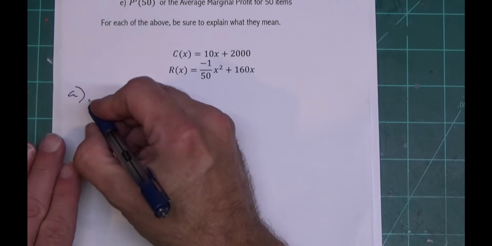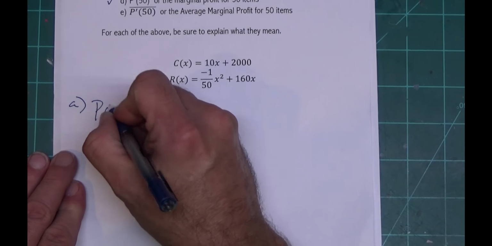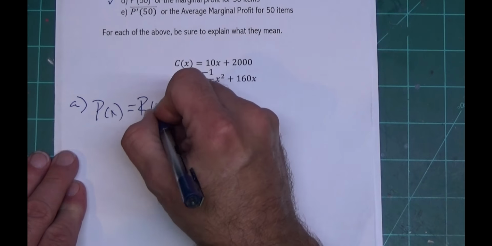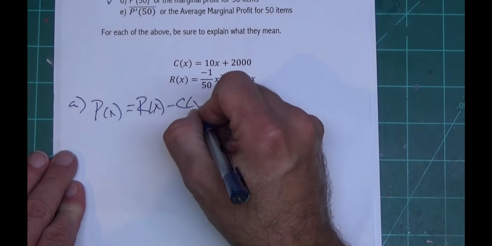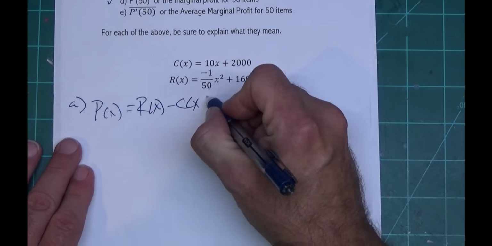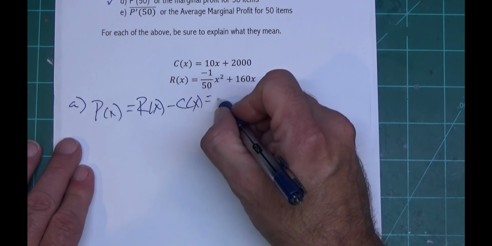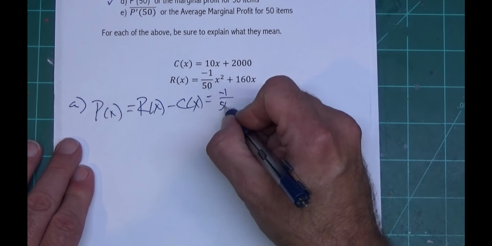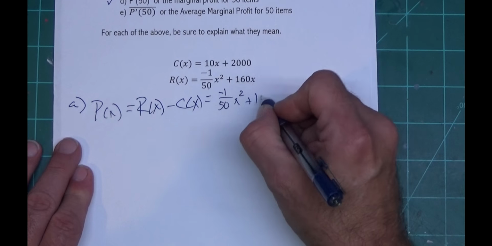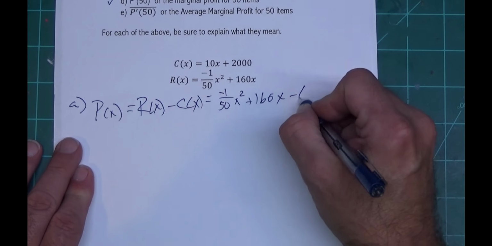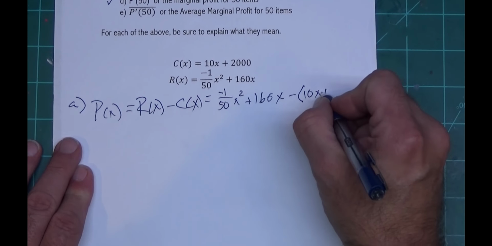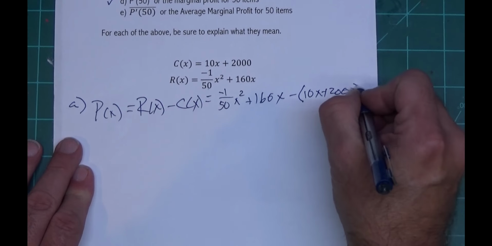But anyhow, profit. This is revenue minus cost. Now careful, we're subtracting the entire cost equation. So when you do this, it is negative 1 over 50 x squared plus 160x minus parenthesis 10x plus 2000.